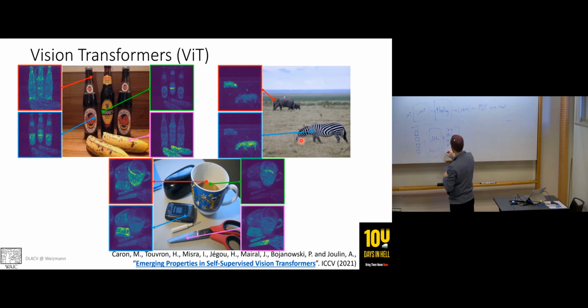So if we have n tokens of dimension d, the size of this MLP is d times d, the weight matrix, because it operates on each token independently. Here, the size of the MLP is h by w by the output dimension. Are we clear about this difference?